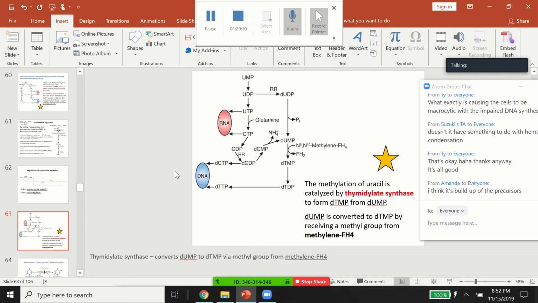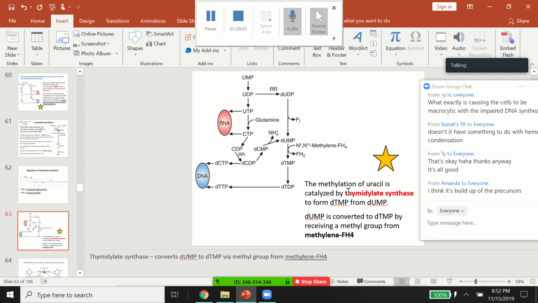All right. Now the methylation of uracil is catalyzed by thymidylate synthase to form dTMP from dUMP. This is a very, very important enzyme because this is the only way you can form thymine, the only way you can form dTMP.